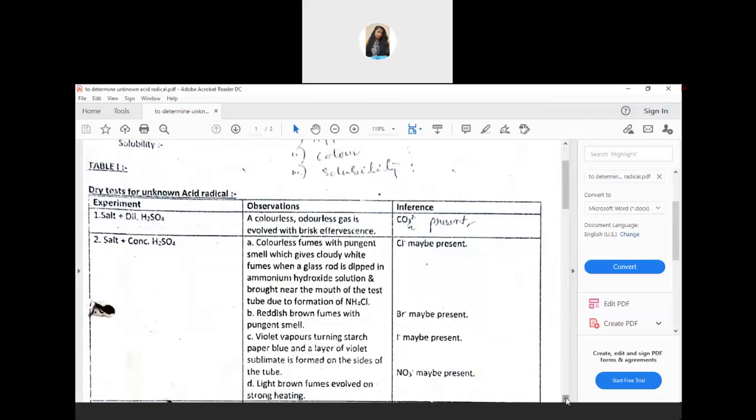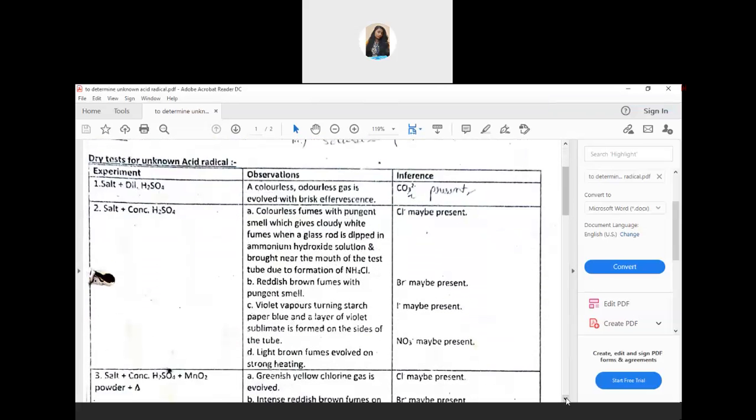Got it? So for the dry test for the unknown acid radical, what you have to do is take a pinch of salt in a dry test tube. Actually, the test tube should be dry. Got it? So take a pinch of salt in a dry test tube, and add dilute H2SO4. H2SO4 is sulfuric acid. Do you know this? Some of you know, but some of you don't.